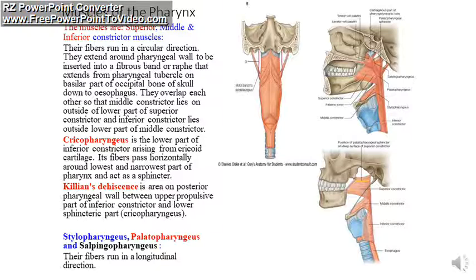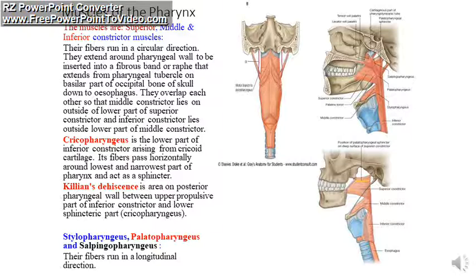Also they overlap each other, as in the previous picture, from the base of the skull occipital region coming down to the inferior constrictor muscle of the pharynx.